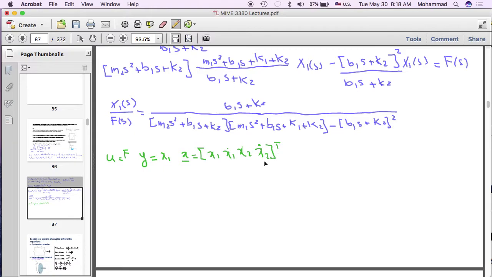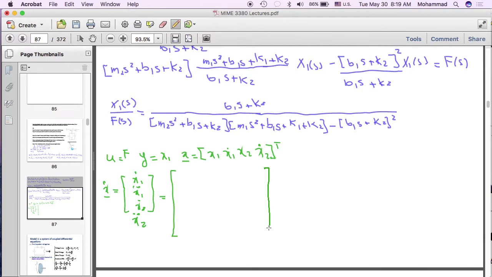The next step is to form the state space model. So x dot means x1 dot, x1 double dot, x2 dot and x2 double dot. That's the meaning of vector x dot. And in the state space form, we're trying to write it as a matrix A multiplied by x. So matrix A, which we don't know what it is, we are going to find it.